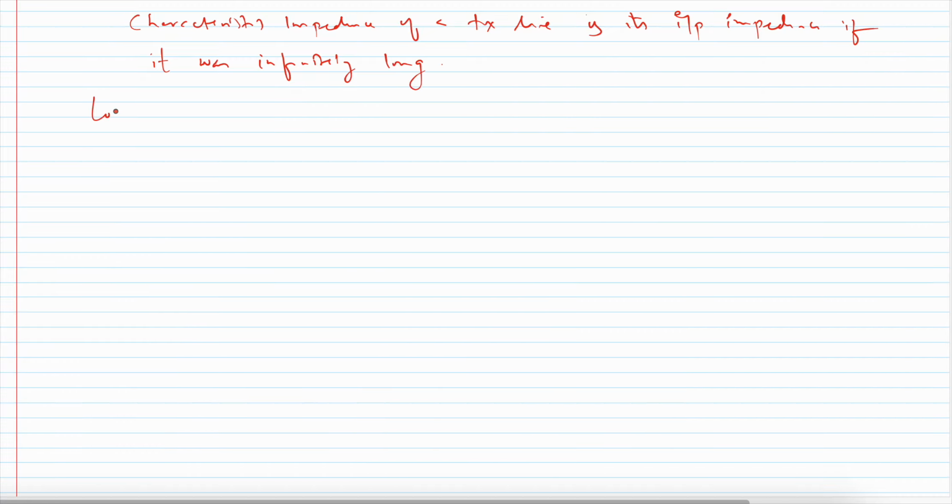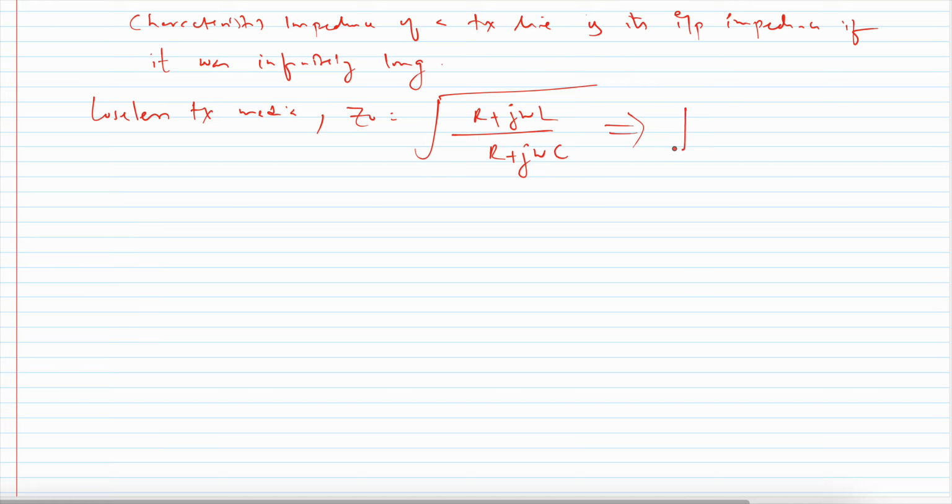For lossless transmission media, Z naught equal to this, (R plus j omega L) by (G plus j omega C), would be reduced to root under L by C. This will be cancelled and this will be cancelled.